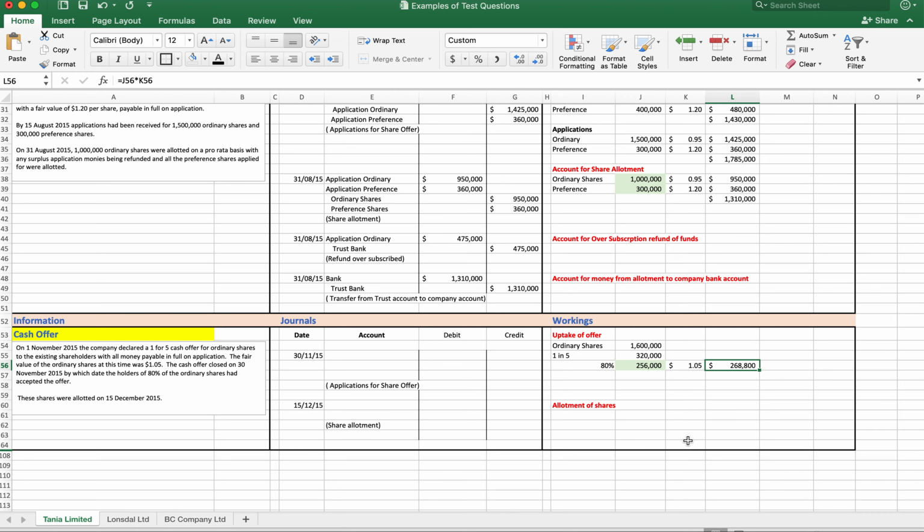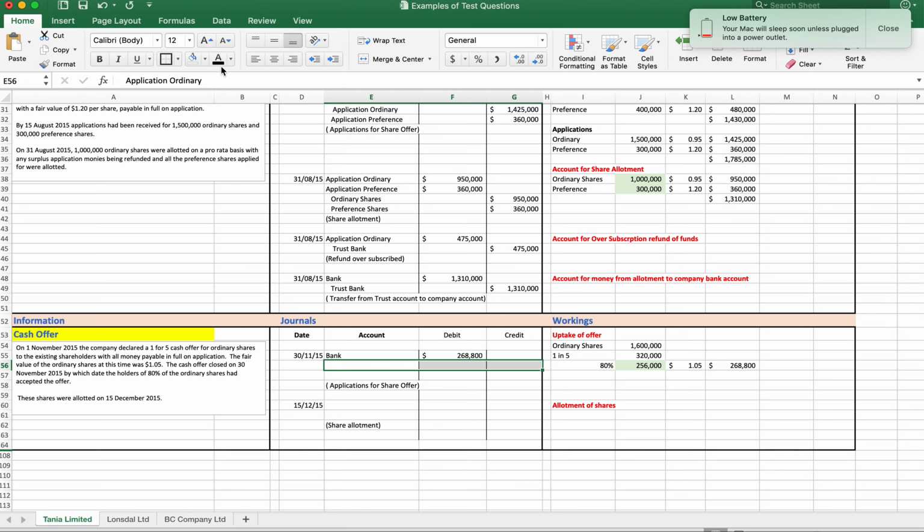That money should have shown up in our bank, and as it showed up we would have allocated it to a holding account, a liability account, which is application ordinary shares, just like in the previous exercise. Basically people have given us that amount of money, we're holding it, and we need to either give them shares or give them their money back. But we're going to give them shares.